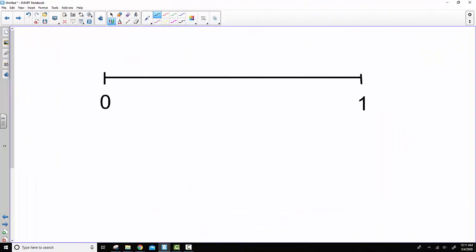Continuing on with this same thought, we have our line segment 0 to 1. Now perhaps I have added ticks on that line segment. Our first job is to find out how many parts are on the line segment from 0 to 1. So I count 1, 2, 3 parts.